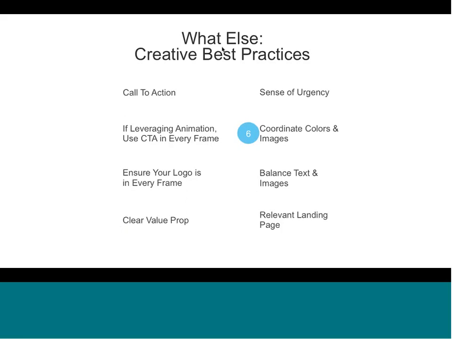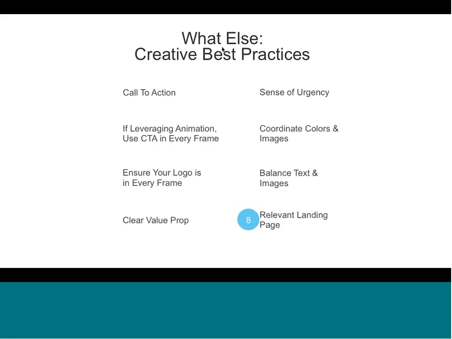Obviously, again, this may sound obvious and very simple to a lot of you, but coordinate colors and images. Make sure that it's a cohesive design and it's not a very glaring or unattractive ad. Balancing text and images, going back to attractive versus unattractive creative. Just making sure that it's a cohesive design here.